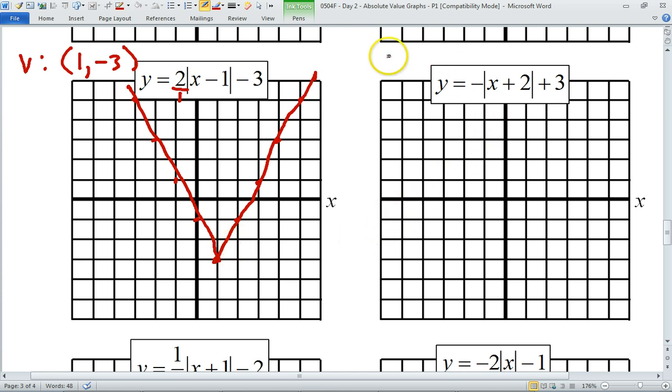Okay, Jesus, what's the vertex for this one? Negative 2, comma 3. Good. All right, Marita, on this one, where will I go from here? Down 1 over 1, correct.